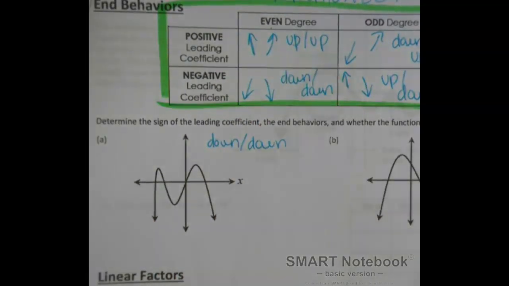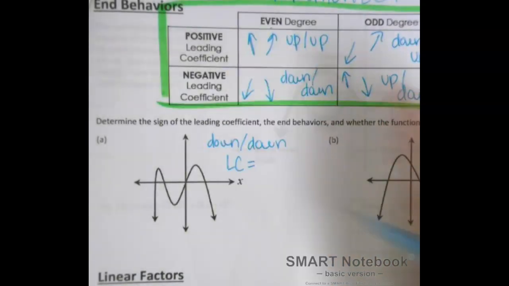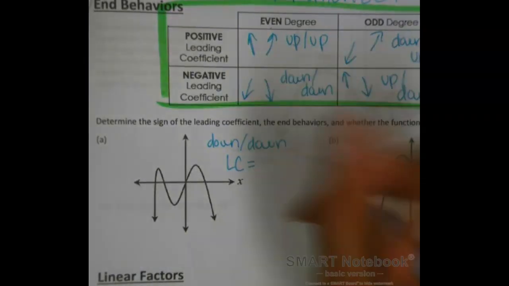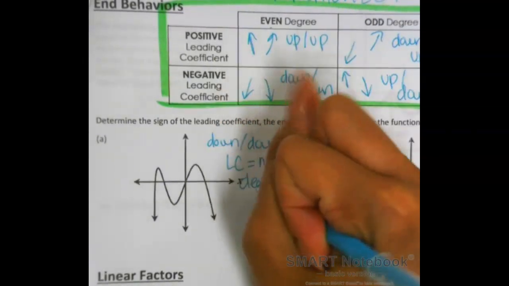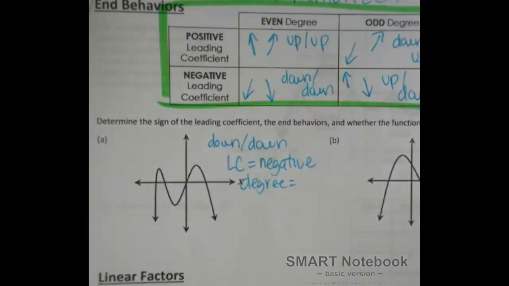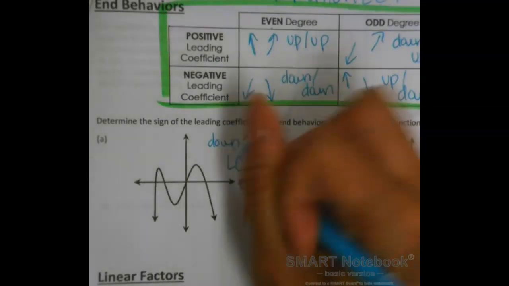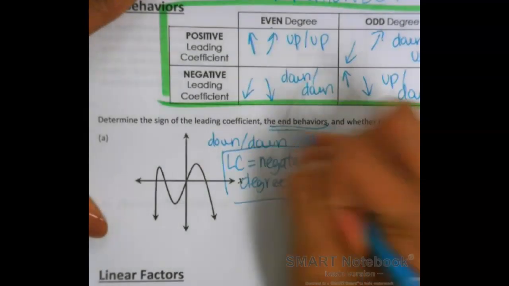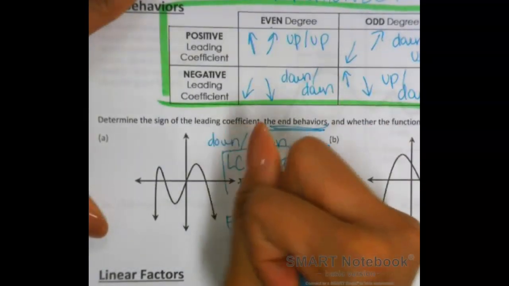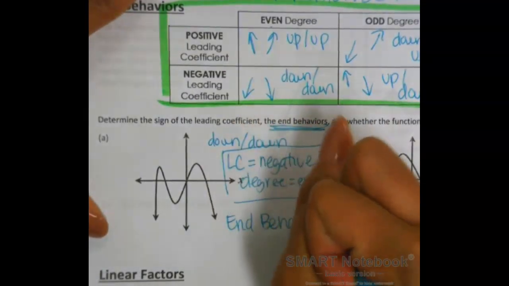Emma, if that's true, what does that mean for your leading coefficient, which I'm labeling as LC? It's going to be a negative. And what does that mean about your degree? It's going to be an even degree. So that's one part. Here's the last part. The last part was asking you about the end behavior. So I'm going to label this out as your end behavior.